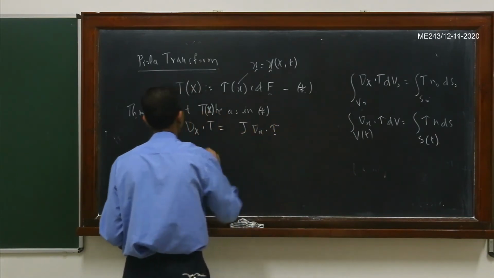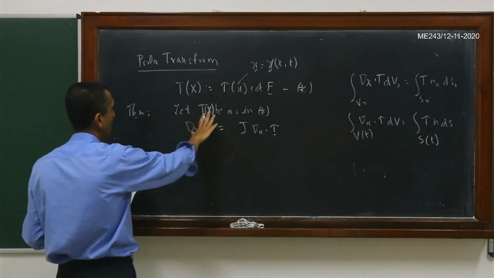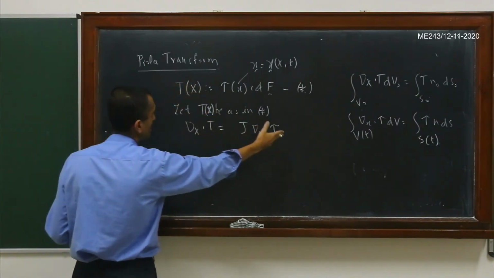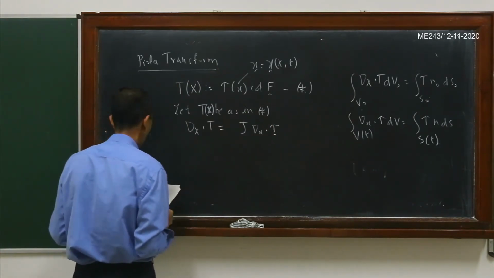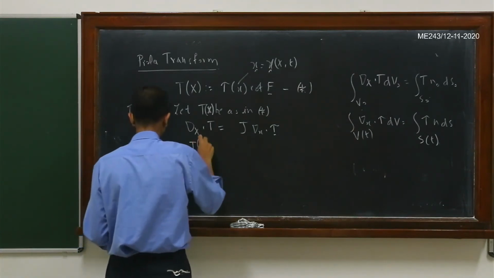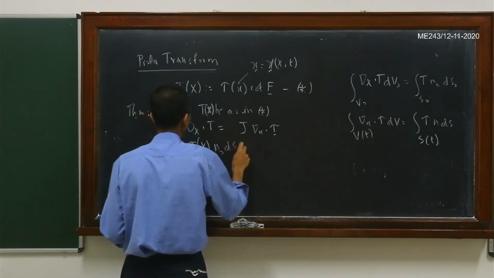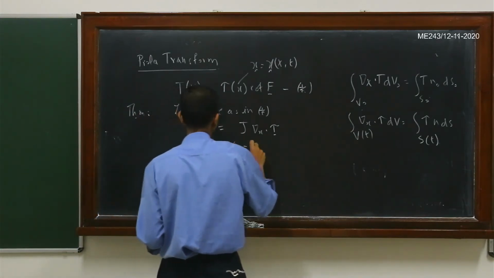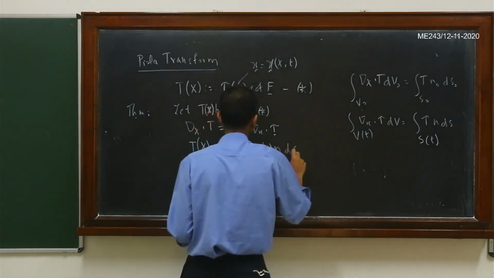So this is the relation between the divergences of T that is defined on the reference configuration and this tau that is defined on the deformed configuration here. And the relation between the normals, this is T of X times n0 ds0 is equal to tau times n times ds.